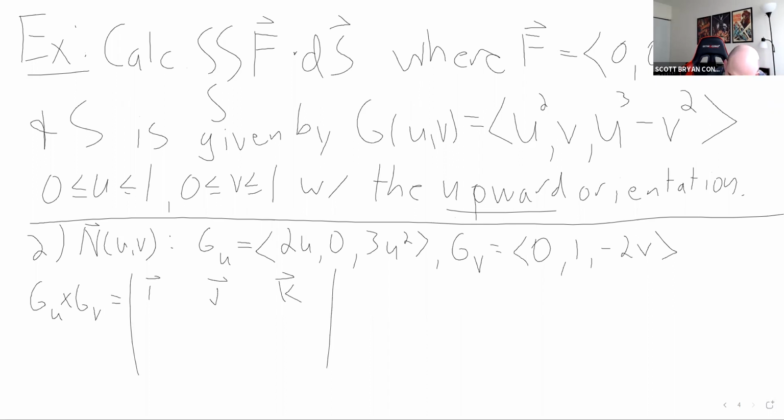So taking the cross product, we've got 2u, 0, 3u squared, and 0, 1, negative 2v. When we do this, we get negative 3u squared, 4uv, 2u.